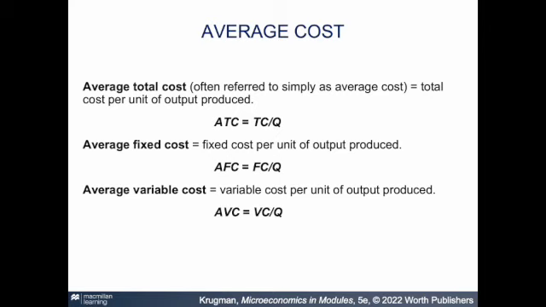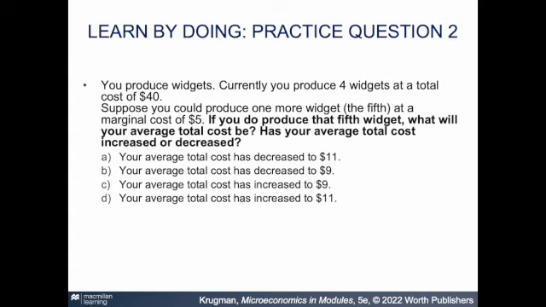Learn by doing. Practice question 2. You produce widgets. Currently, you produce 4 widgets at a total cost of $40. Suppose you could produce one more widget, the 5th, at a marginal cost of $5. If you do produce that 5th widget, what will your average total cost be? Has your average total cost increased or decreased?